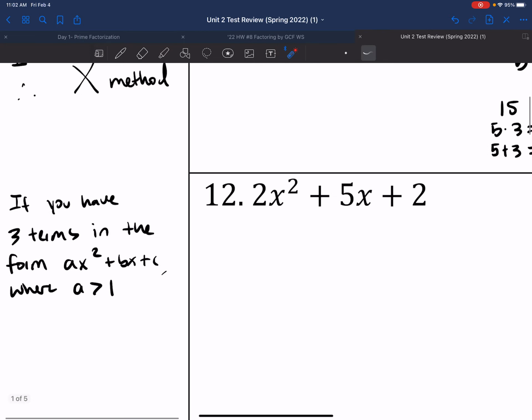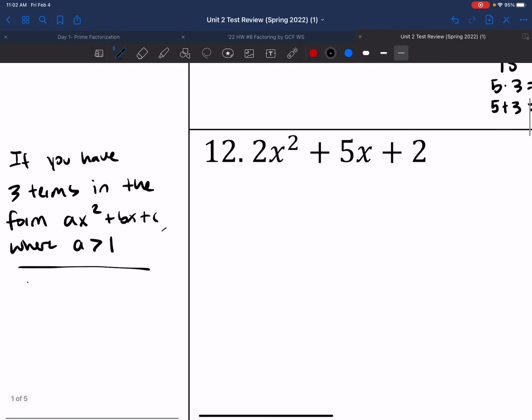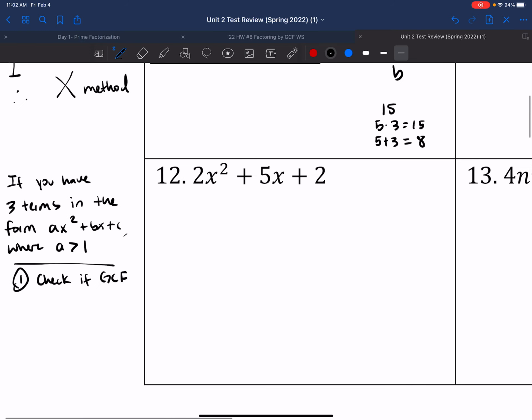So we need to first check. Your first step is to check if there is a GCF, a greatest common factor, that I can factor out.